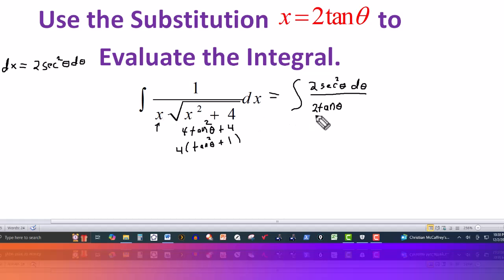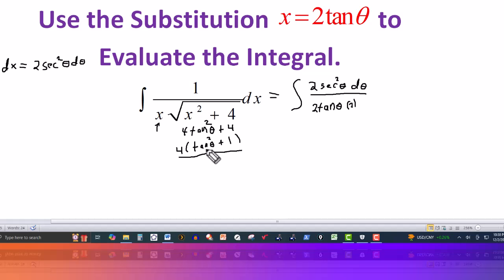So the x, we made the substitution already, and for the radical here, this is your new radicand now. And we can take the square root of 4. That'll be 2, so that'll come out and multiply this expression there. And then tangent squared theta plus 1, you should recognize that as one of your trig identities.